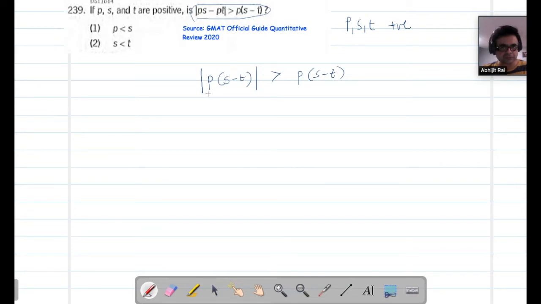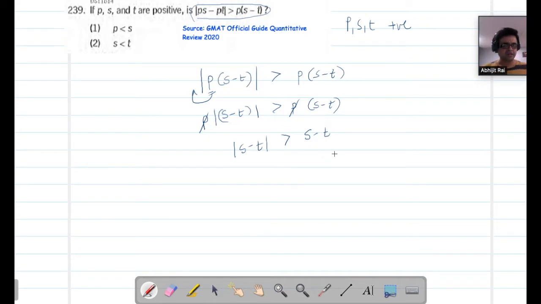So let's first take this out of the absolute value. So this becomes P times modulus of (S minus T) greater than P times (S minus T), right? Again, P will cancel because we can divide by P both sides. We get, the question is really asking, is modulus of (S minus T) greater than (S minus T)?